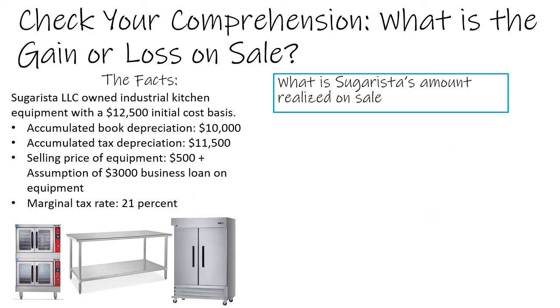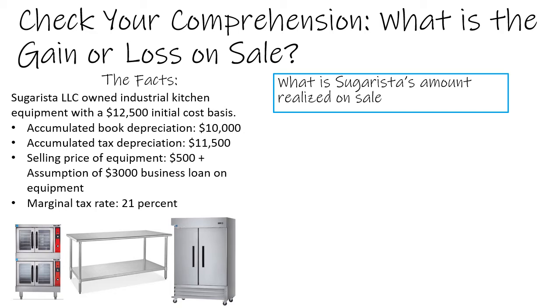Now let's look at a different situation. Let's assume that Sugarista, instead of selling the property for $2,500, sold the equipment for $500, and the purchaser assumes the remainder of the $3,000 business loan that she took out to purchase the equipment. What would be the amount that Sugarista realized on the sale?